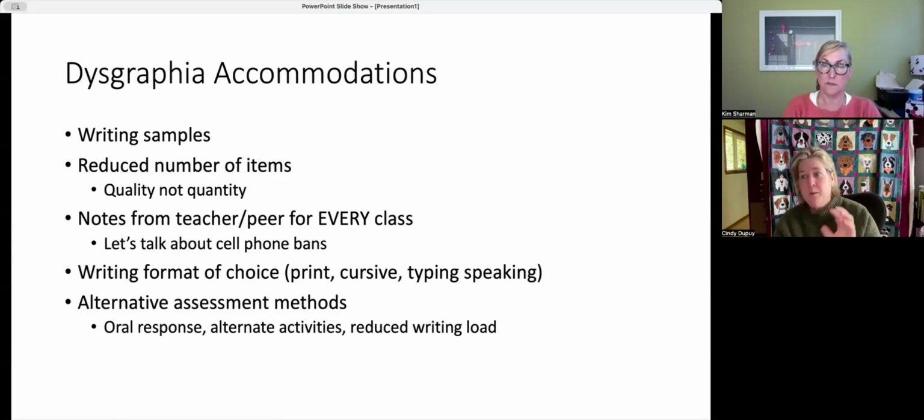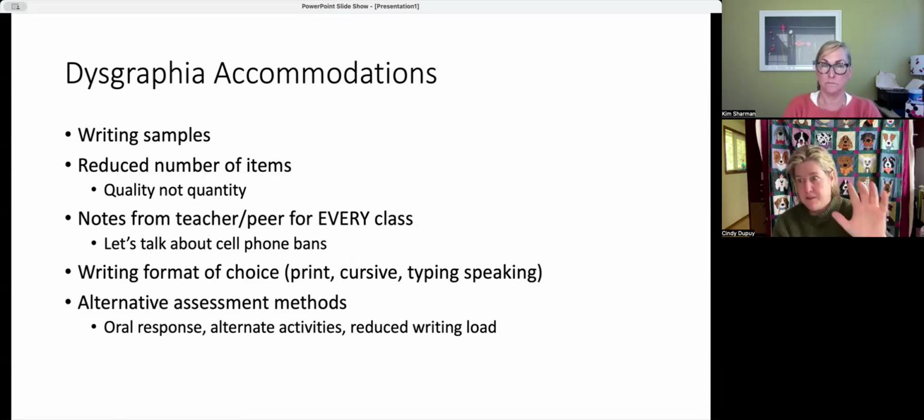And by the way, once again, we've technically given you 11 accommodations now. Just because it's in dyslexia doesn't mean somebody with dysgraphia can't use it, and somebody who doesn't have a diagnosis of dysgraphia could use dysgraphia accommodations. Dysgraphia is frequently missed.